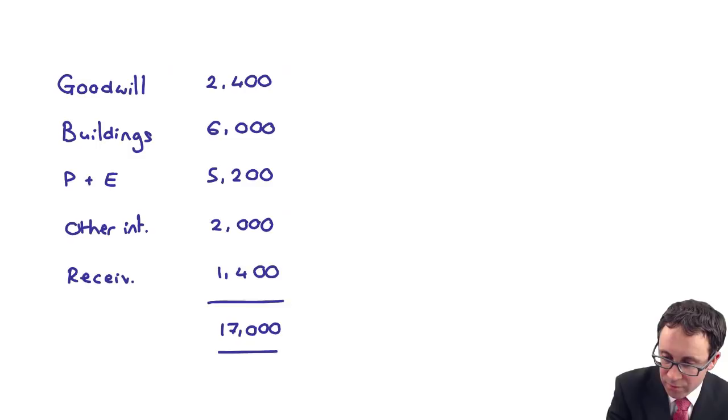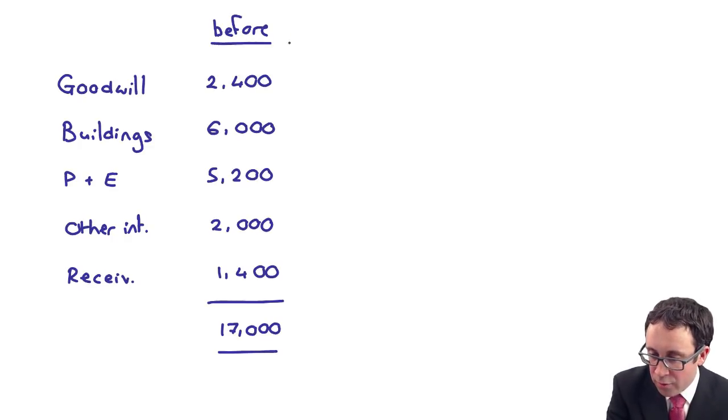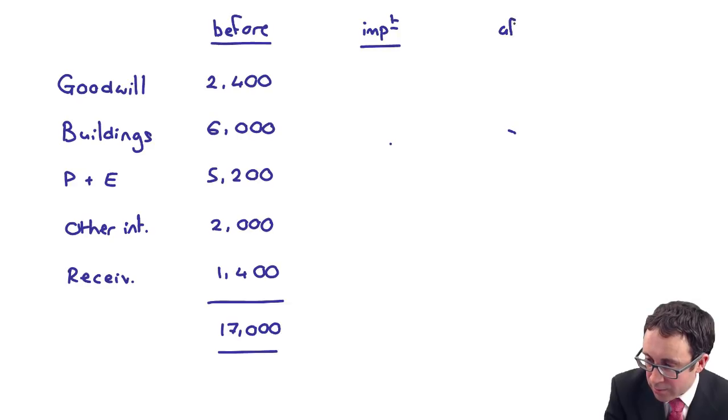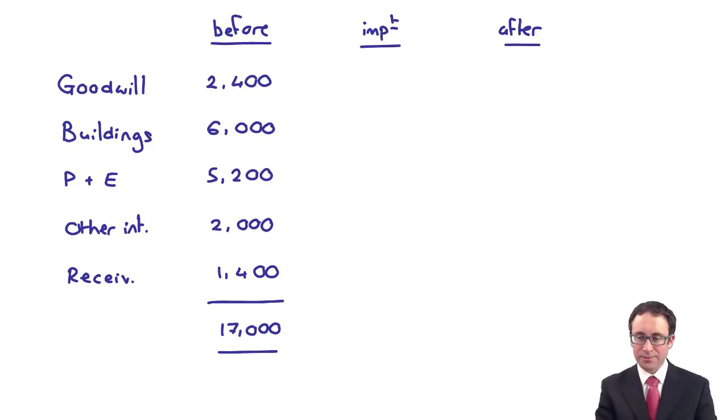So effectively what we've done there is look at the value of the assets before. We can then look at the impairment, and then look at allocating that impairment and what the value of the assets are afterwards.